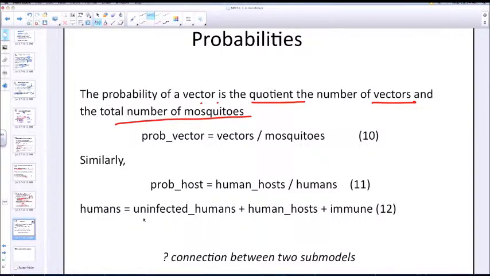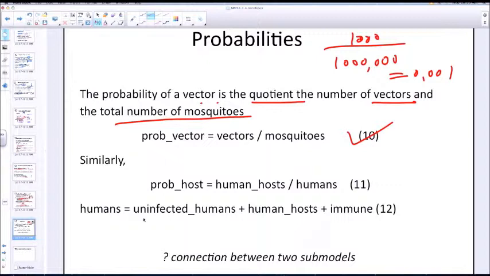That makes sense, a simple probability model. So if you have 1,000,000 mosquitoes, 1,000 of them vectors, then the probability the mosquito is a vector is 1,000 over 1,000,000, and that will be 0.001. That makes sense, right?